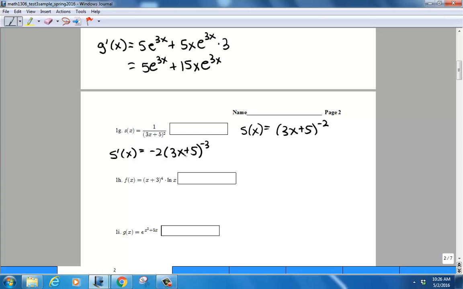Because that's not just x to the minus 2 power. That's 3x plus 5 to the minus 2 power. So you have a little bit more complicated expression to a power. So you have to multiply by the rate of change of that little more complicated expression, which again is just 3, right? Okay, the rate of change of 3x plus 5 is just 3. So you have to finish this off by multiplying by 3.